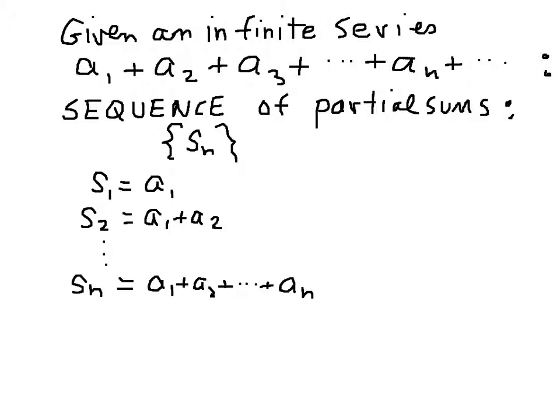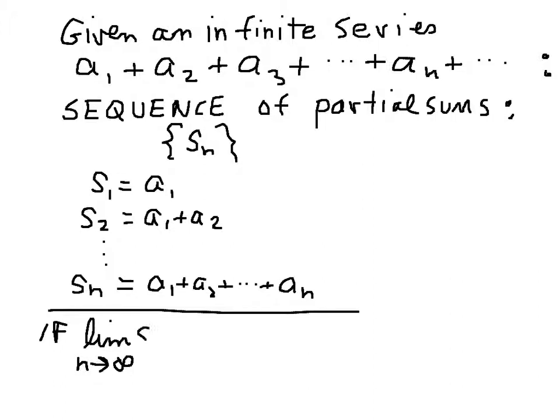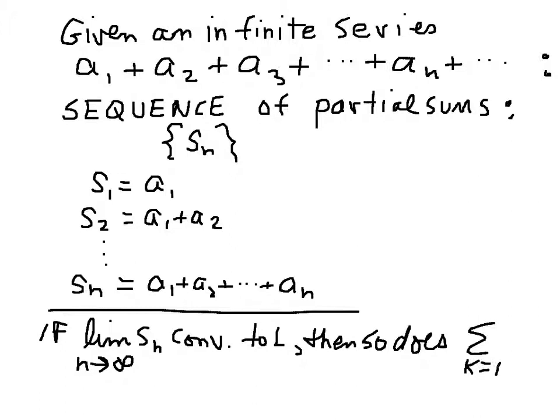And so now what we have here is a sequence, an infinite sequence, sort of representing an infinite series. And essentially what we say is this: if the limit as n approaches infinity of s sub n converges to L, then so does the infinite series.